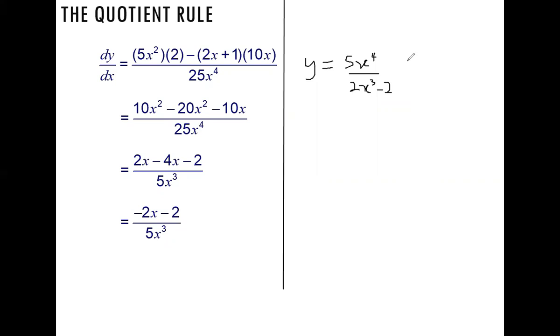Once again this becomes of the form u over v. So we let u be the numerator, which is 5x raised to the power 4, and then v be what?